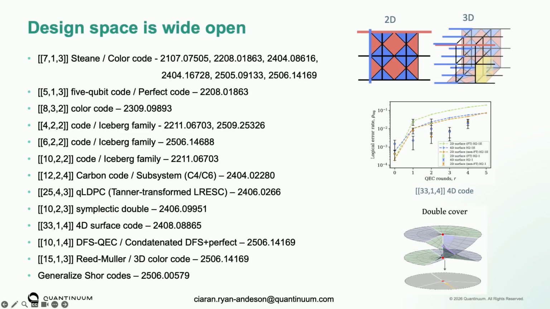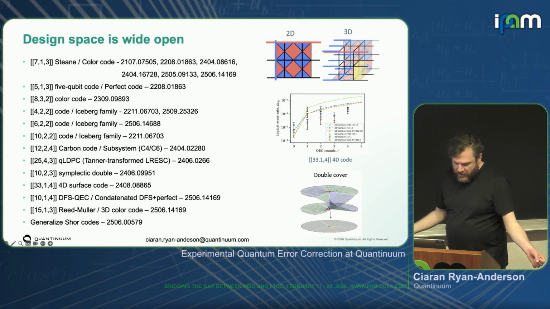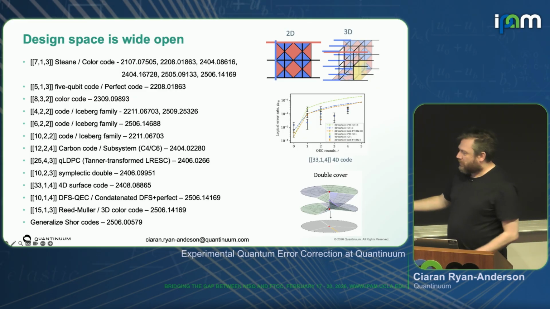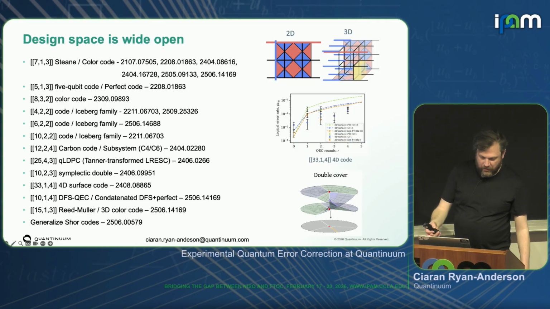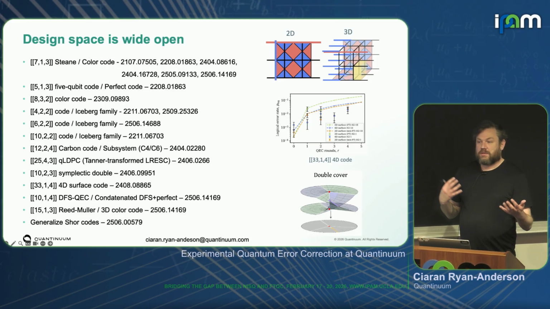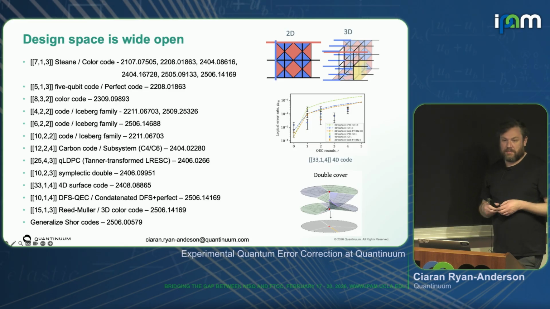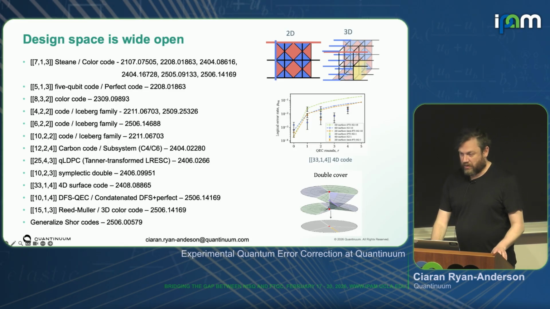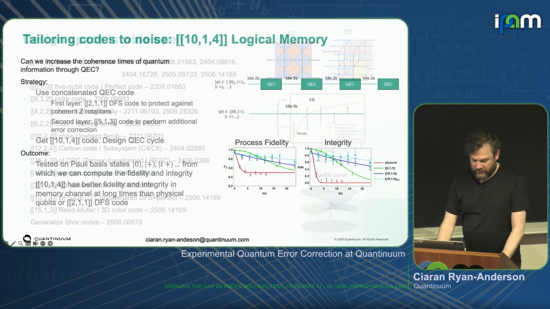They include stuff like the 4-dimensional surface code, these weird symplectic double codes where you're kind of twisting things around, concatenated codes, Reed-Muller codes, and different LDPC codes and stuff. So the device is really flexible, so we can try out all sorts of different possible codes and see which one makes the most sense for our technology. And so, yeah, you can visit all those different papers.